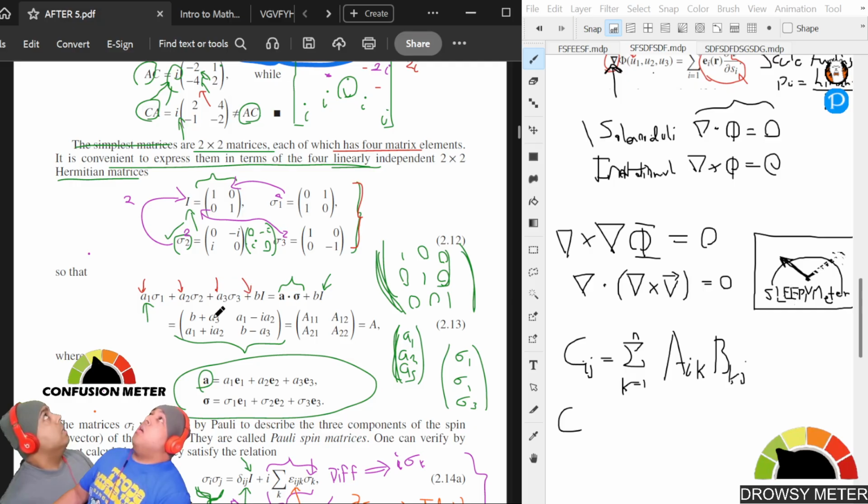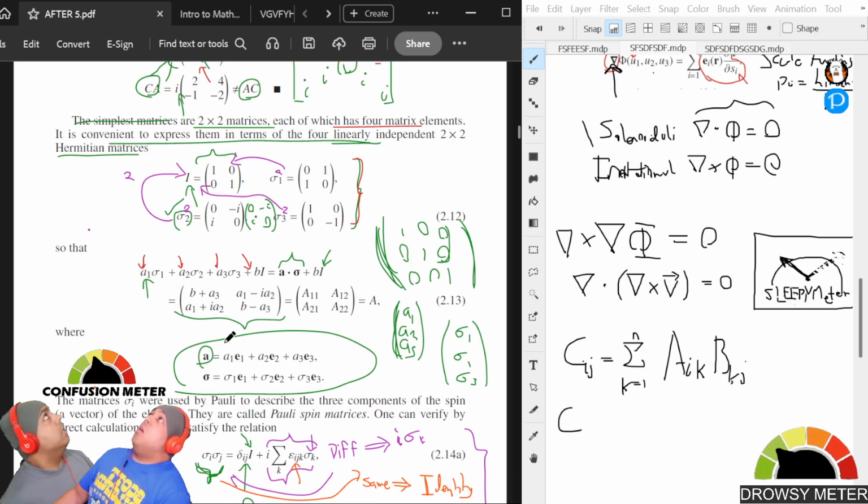What is B? Where A equals A1 sigma 1 plus A2 sigma 2 plus A3 sigma 3. The row vector sigma 1, sigma 2, sigma 3. The matrices sigma 1 is blah, blah, blah.